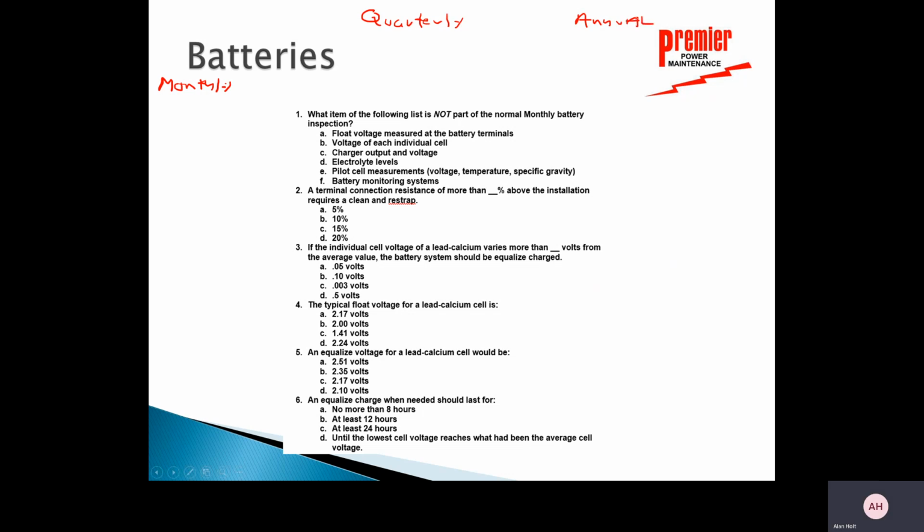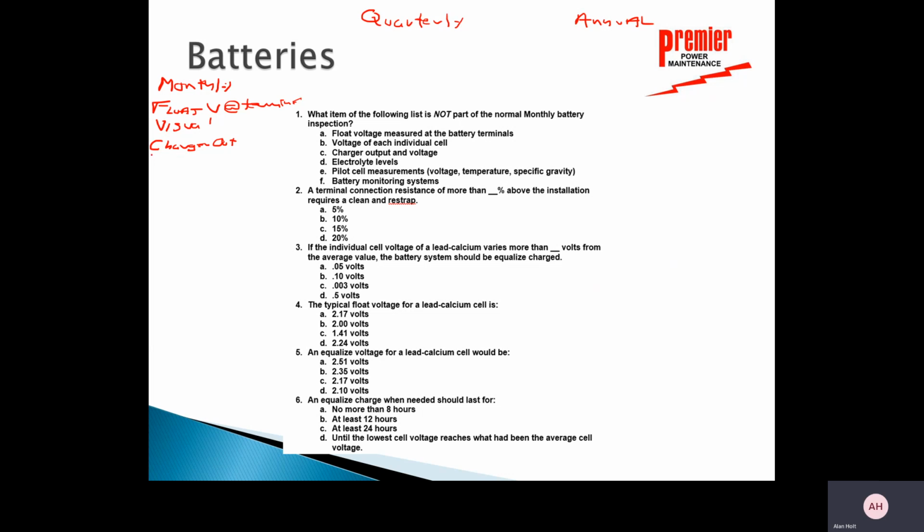So let's look at what those things are that I might do on a monthly basis. On a monthly basis, I would measure the float voltage at the terminals, not individual cells. I would do a visual inspection, general cleanliness, those sorts of things. I would look at the charger output, both voltage and current.